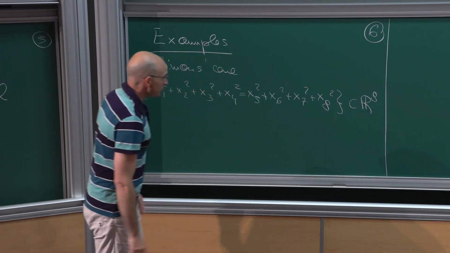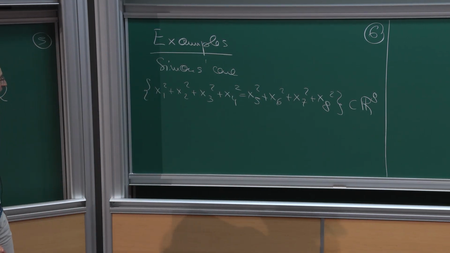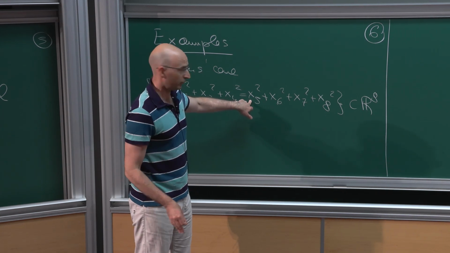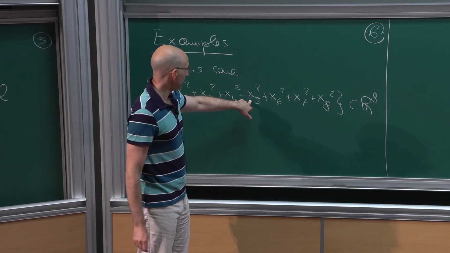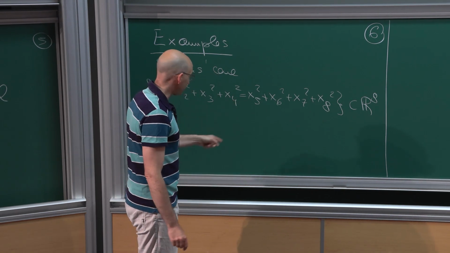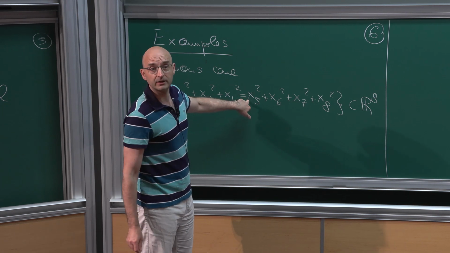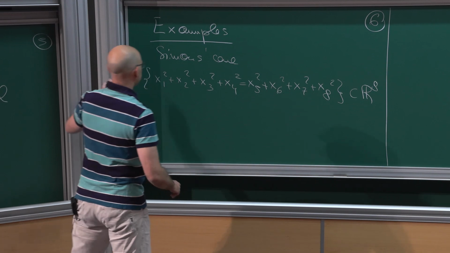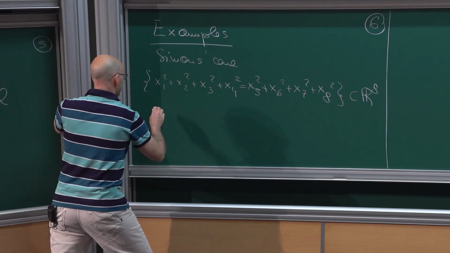So it's a 7-dimensional surface in R8, and you see that it has a singularity at the origin, which is not possible to resolve. It's really a topological singularity. And of course, it's just a cone on S3 times S3. If you intersect this with the unit sphere, you find S3 times S3. So this is in codimension 1.